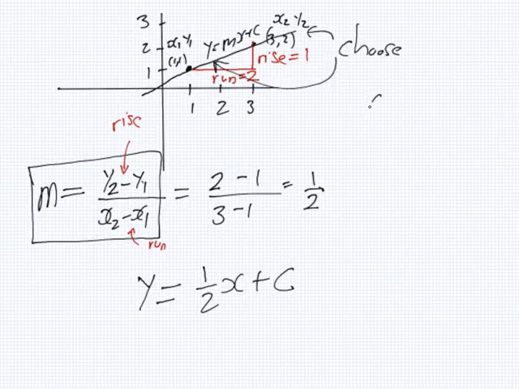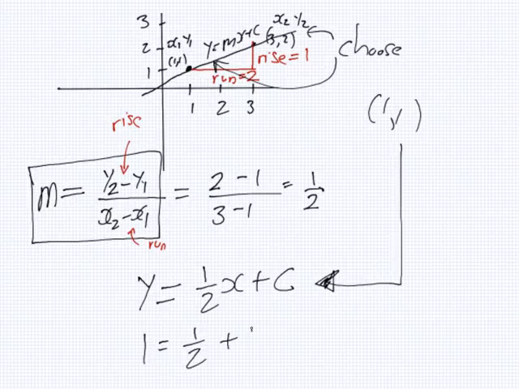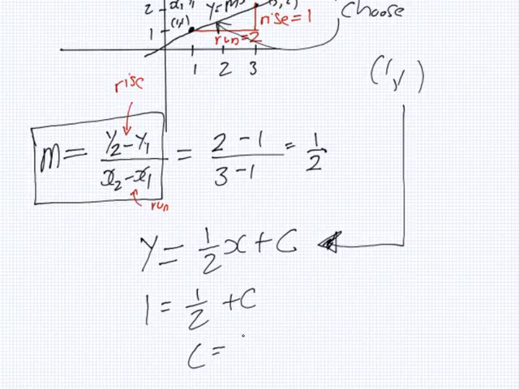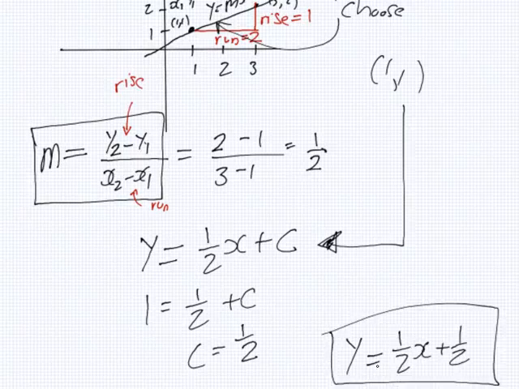And you put this point 1, 1 in, because it's true, it should be on the line. So you have 1 equals a half plus c. So what does c equal? A half. Yes. So we have our answer. y equals a half x plus a half. This is our line.